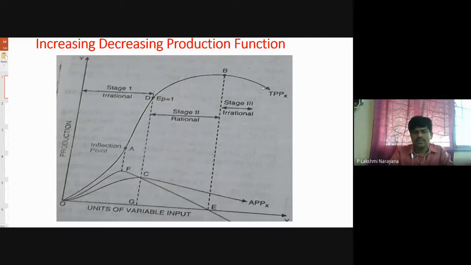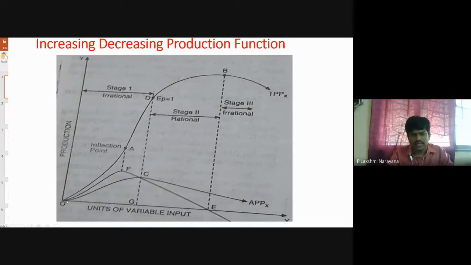If you want to use more inputs, the possibility for total production is first increasing, but increasing at a decreasing rate. Then if you want to use more inputs, total production continuously declines. At the same time, using this total production data, you can derive the average production also.